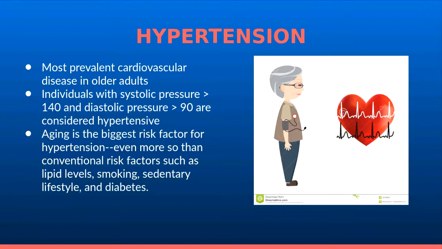So make sure the older adult hasn't just had a big coffee and was speed walking to their visit, or doesn't have white coat anxiety, since those things could give a temporary high reading. Also, aging is the biggest risk factor for hypertension, which we know is a non-modifiable risk factor and is a greater risk than things like smoking, not exercising, diet, etc.